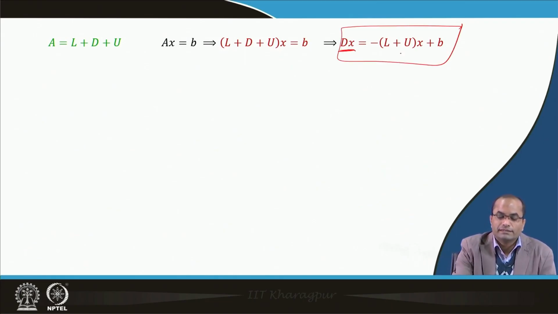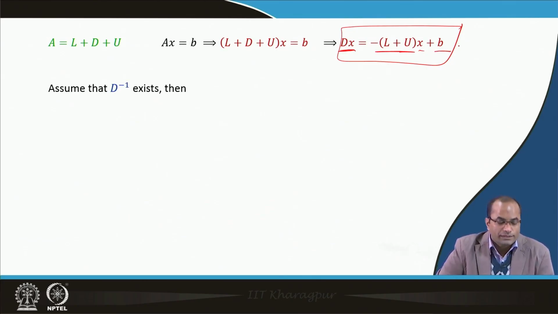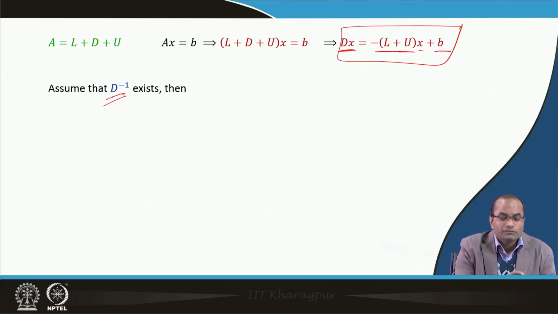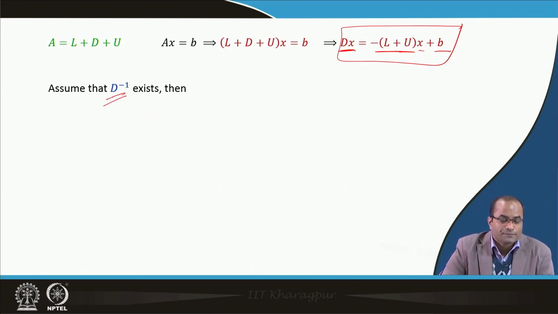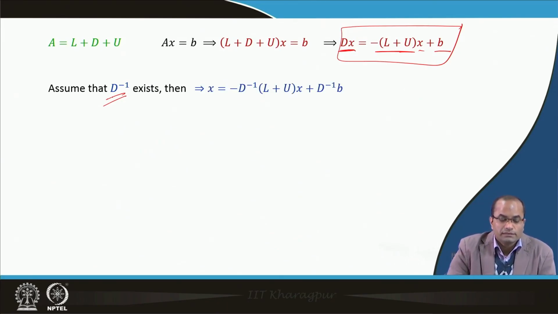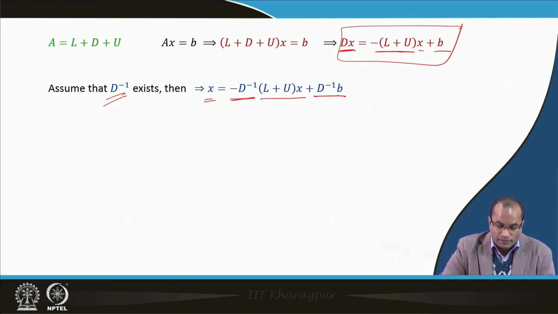So, we have D x is equal to b minus L plus U x, that is our equation, and assuming that D inverse exists, because D are the diagonal entries, we can write x is equal to minus D inverse L plus U x plus D inverse b.